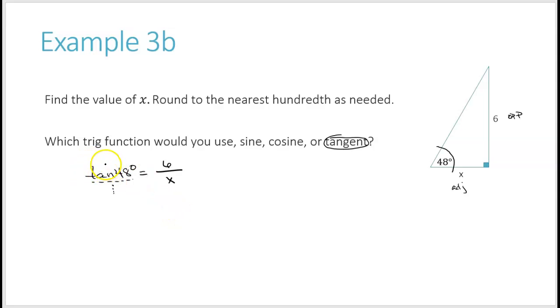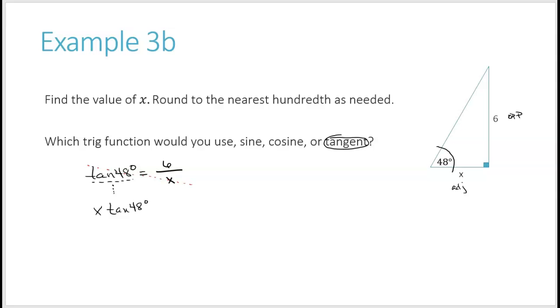So of course, to solve a proportion, we can just cross multiply, and then we can solve for x from there. So when I cross multiply, I go along this diagonal. That's going to give me x times the tangent of 48 degrees. So what I've done here is multiplied along this diagonal and put that down here.